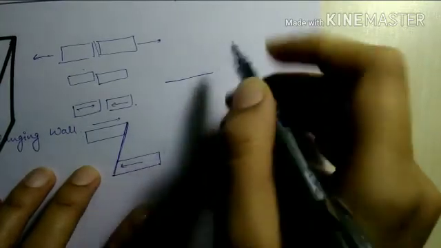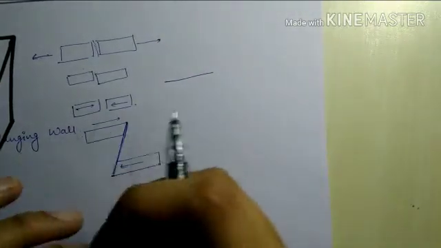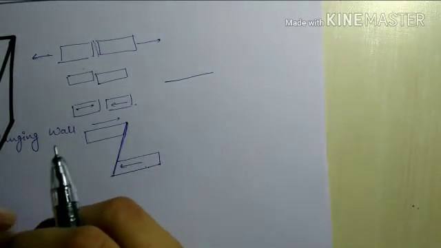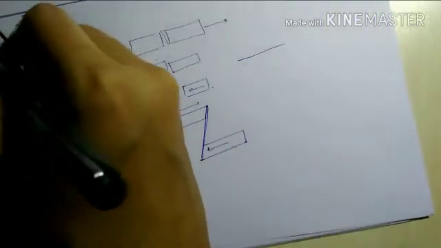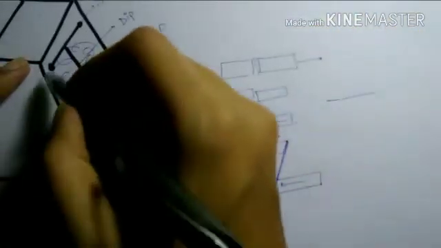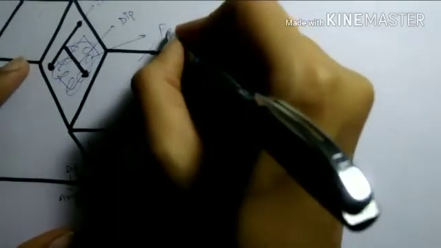So in it, what happens? The rock blocks are displaced horizontally along the fault plane. What is fault plane? This is the fault plane.